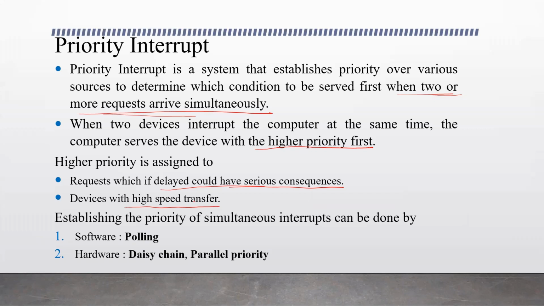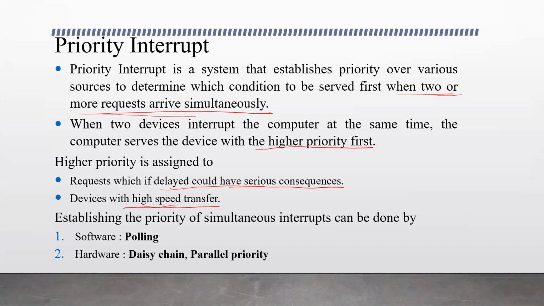Some interrupt-initiated devices may perform the job fast. So if that high speed transfer is finished, then the low speed transfer can be taken care of. So the CPU sets the priority based on these.